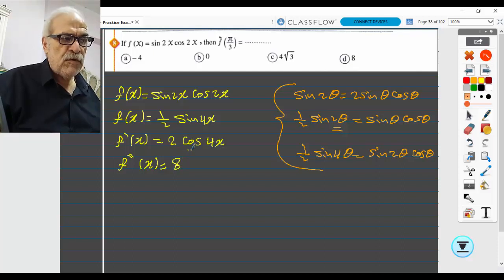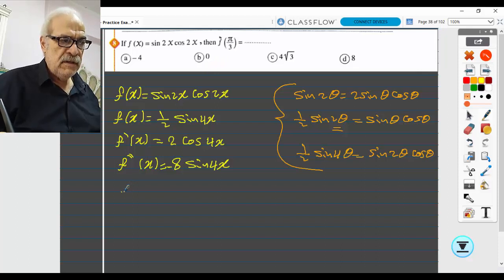The derivative of cosine is negative, so we have negative 8 sine 4x.